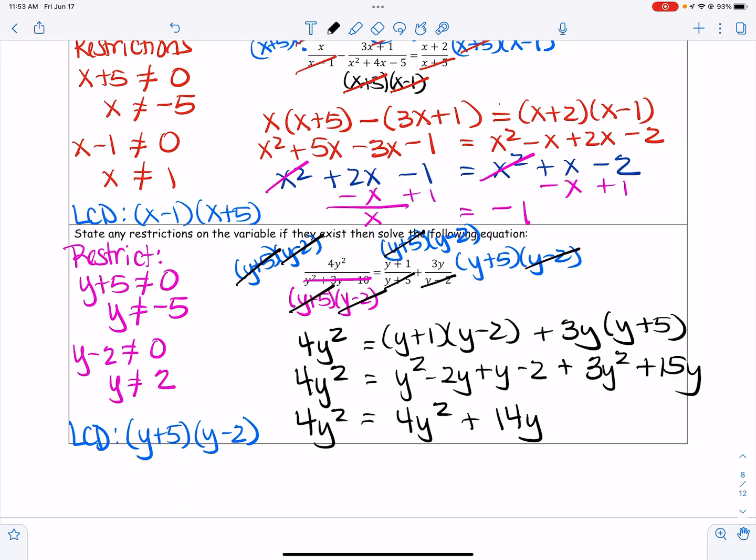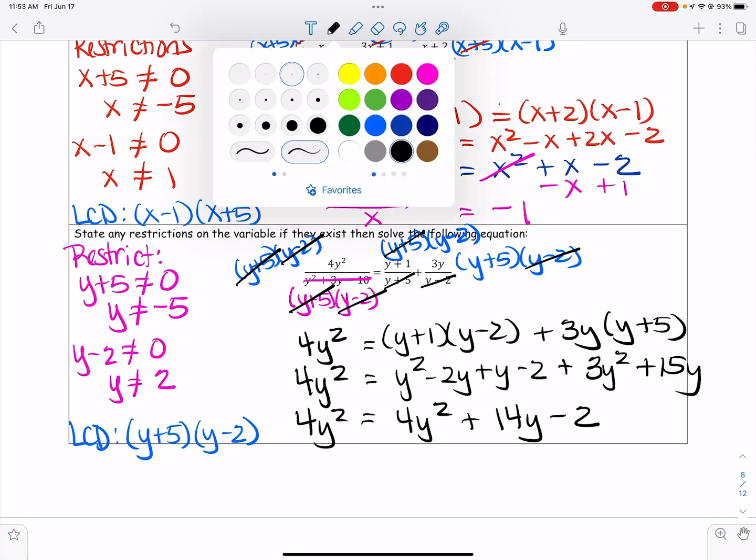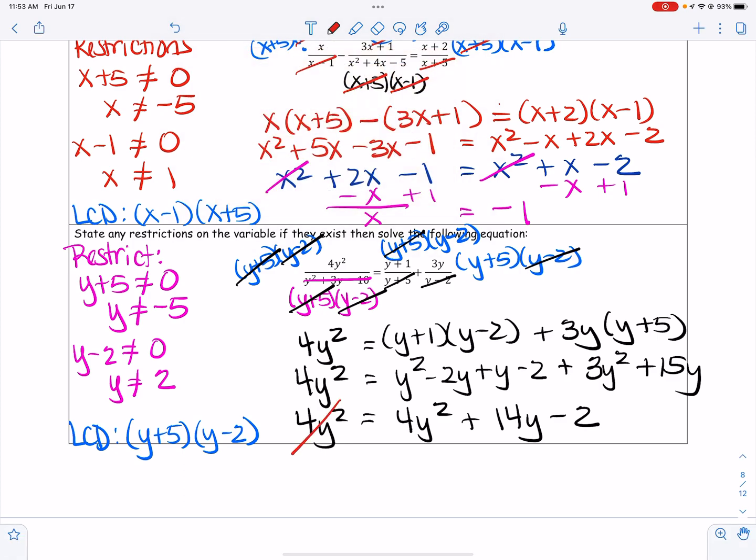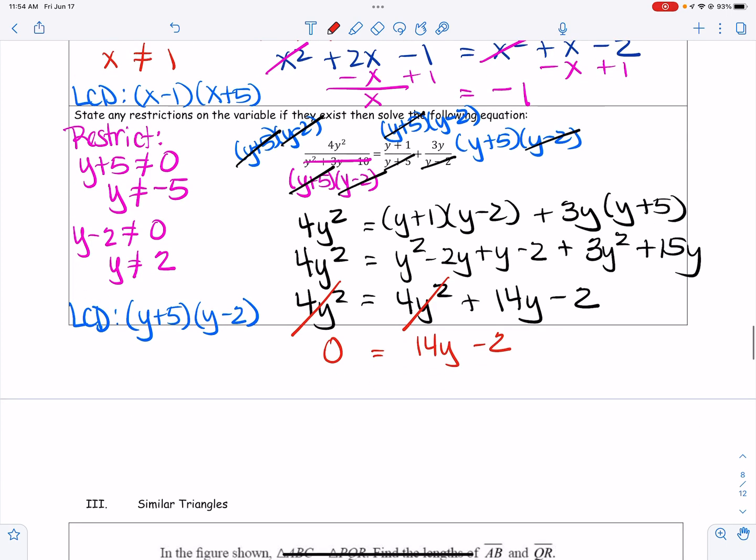And then we've got, is that -2? Yep, minus 2. All right, so the y squareds, 4y squared is going to cancel out 4y squared. So we get 14y minus 2. We're going to add 2.